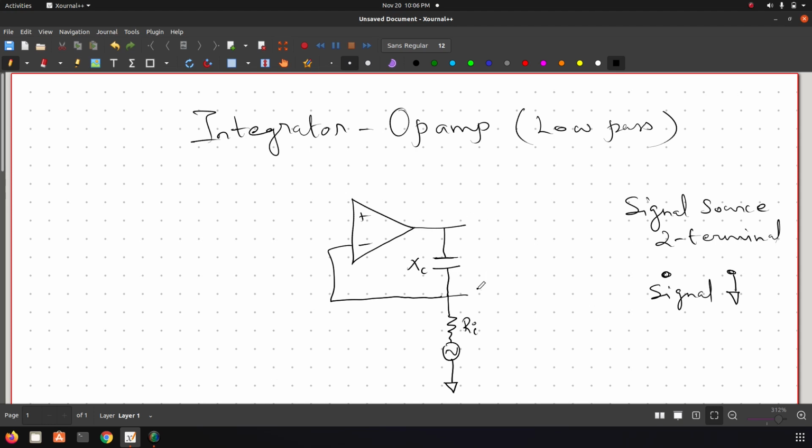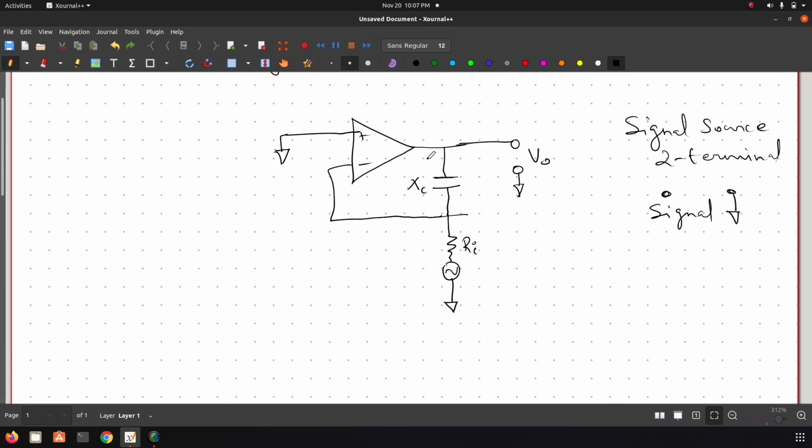We can expect the output here, with respect to ground, as we did earlier for the inverting op-amp. The non-inverting terminal is grounded. So this is essentially an inverting op-amp with a feedback capacitor instead of a feedback resistor.